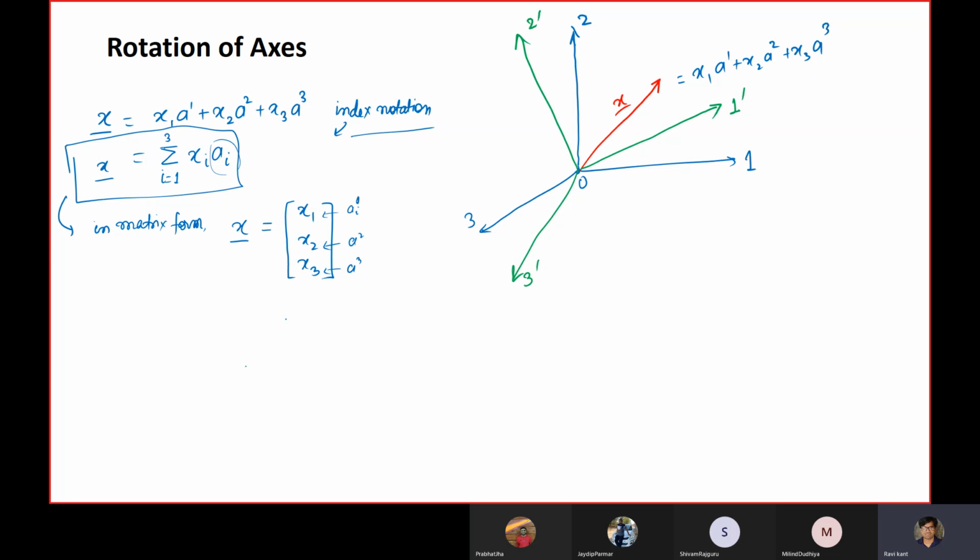And this was my origin O. Okay. So this was your x. x was written something like this.